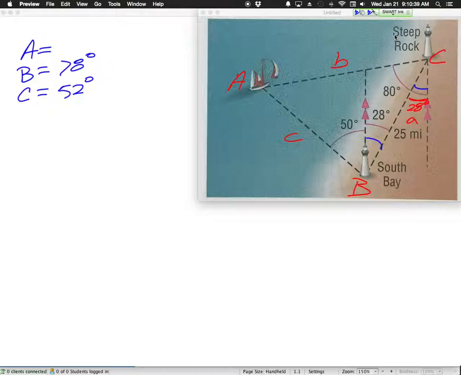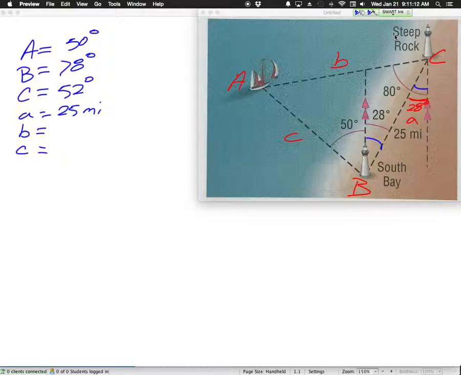So she took the whole thing, which was 80, subtracted out the 28, and that gave me 52. Let's go ahead and find angle A while we're at it. If I add these two together, that gives me 130, and 130 from 180 is 50. Now, which side do I know? A is 25 miles, and I'm interested in finding B and C.